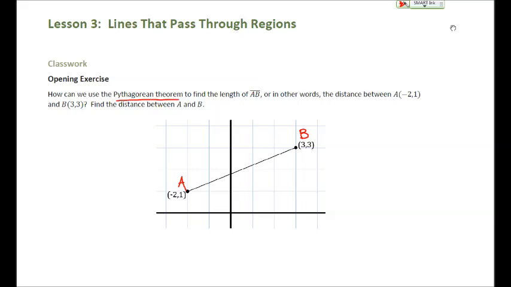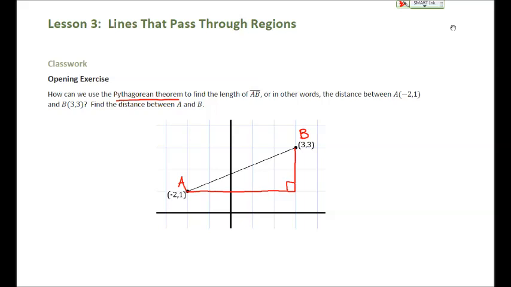The Pythagorean Theorem can only be applied to right triangles. So I have to put a right triangle on the graph, and the most logical one is this right triangle, because I can then count off the horizontal and vertical distances and use the Pythagorean Theorem to find length AB.